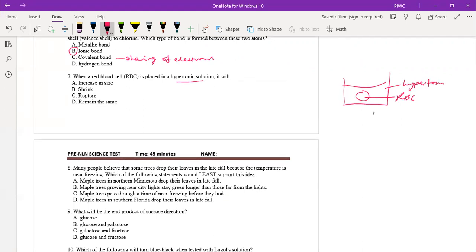It will shrink, correct. It's going to shrink because the water leaves the red blood cell, which is hypotonic, into the hypertonic solution.